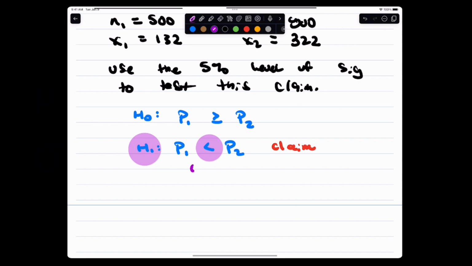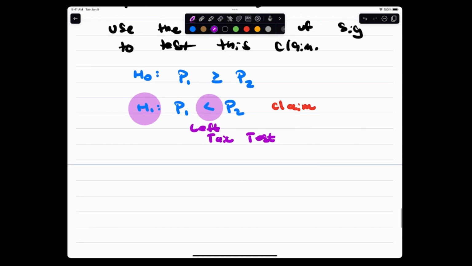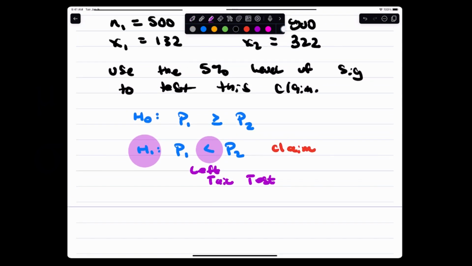This is going to be a left tail test. And then you're going to use the 5% level of significance. Here's alpha.